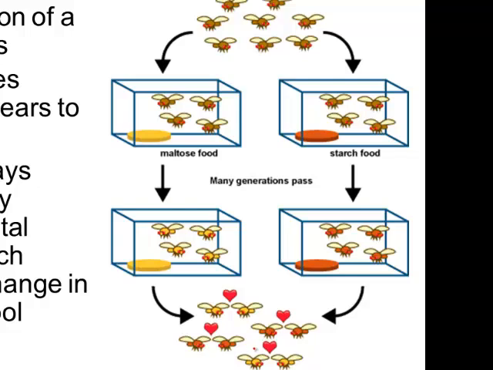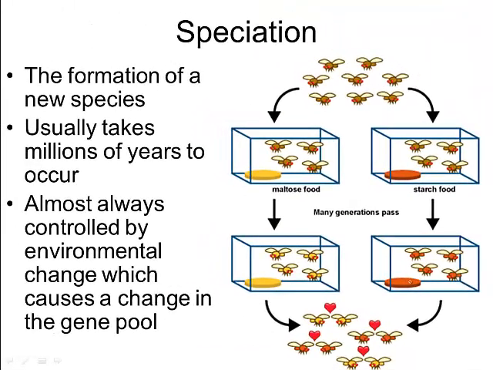And when they put the 2 groups back together, the maltose flies would only go with the maltose flies, and the starch flies would only mate with other starch flies. So they had become distinct, separate species. They were separated geographically because they were put into different tanks, and also because they started to eat different foods that was going to make a difference in their behaviors and possibly even their chemical makeup over a long, long period of time.